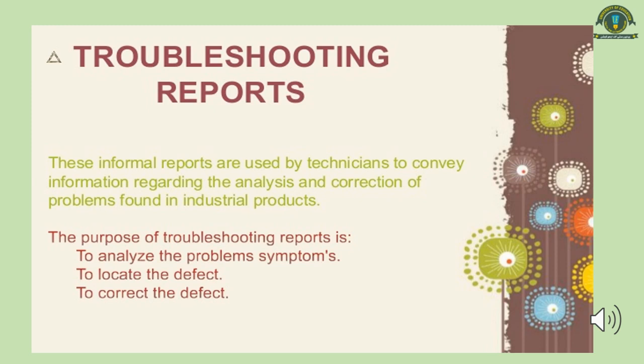Now the second step in a troubleshooting report is the body, in which the main problem or issue is discussed. After going through the introductory components, background, purpose, scope, and the second step, body, we come to the conclusion, in which you have to sum up the report.